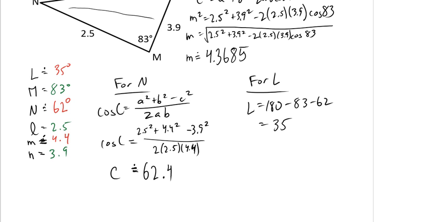But if you have a case where you're given 3 side lengths and you're using cosine law, as long as you find the biggest angle first, you should be fine. If you find one of the smaller angles, you could run into the problem. You might or you might not, and you wouldn't know it. If you find the biggest angle, it won't matter what you do next, you'll be okay.